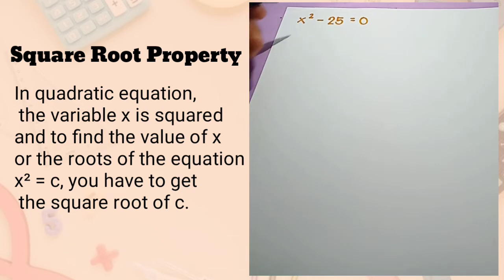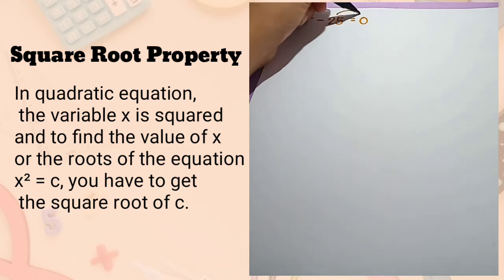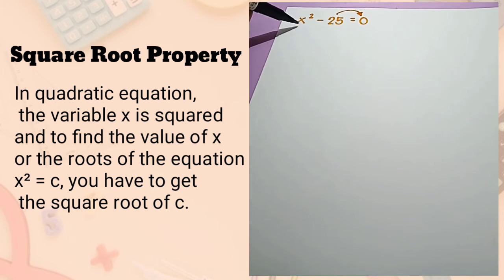First we need to transpose or have the additive inverse of the negative quantity 25 to the right-hand side. So, ito mapupunta dito. Matitira yung ating x squared.